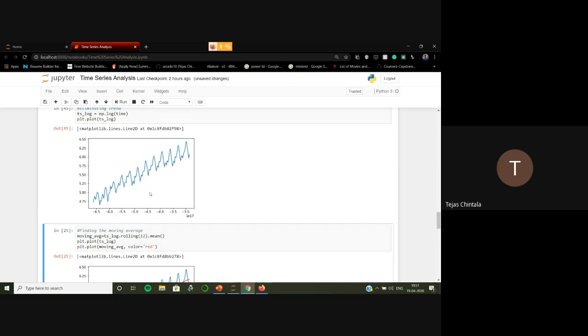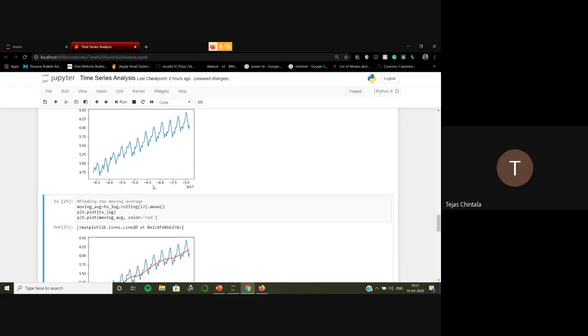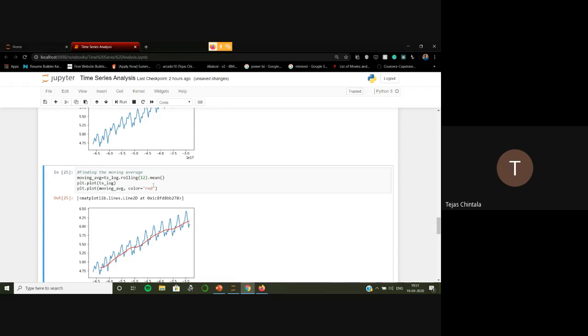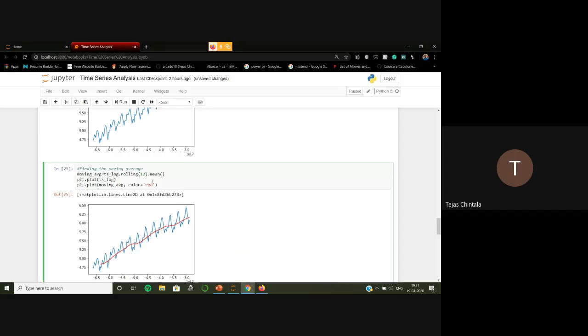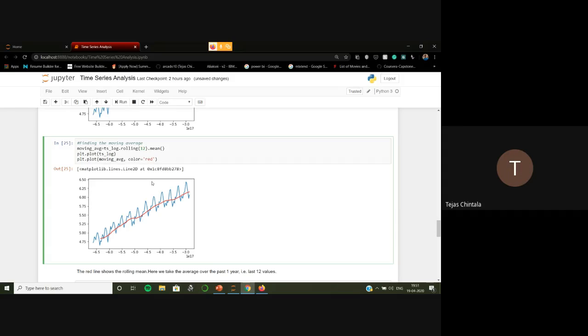There's a change, but still we can't say that the graph is stationary. So we will apply the moving average. This is another piece of code where we are finding the moving average of the time series.